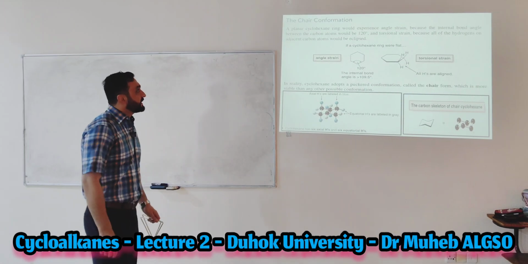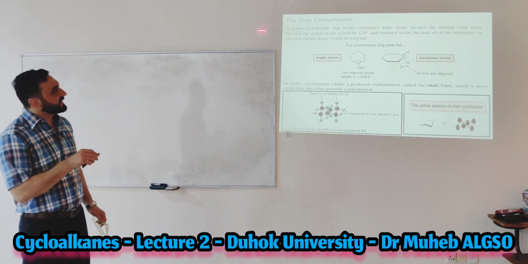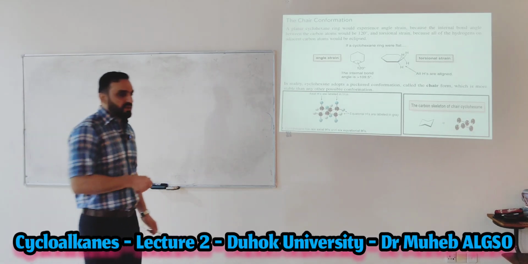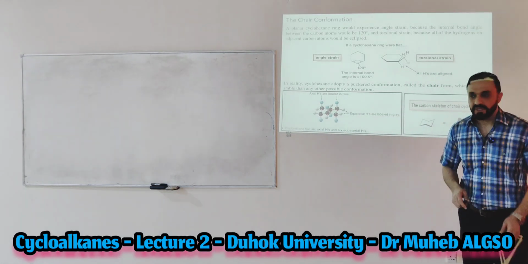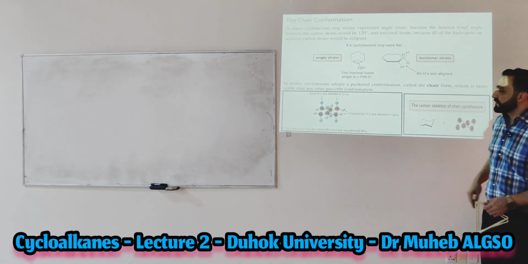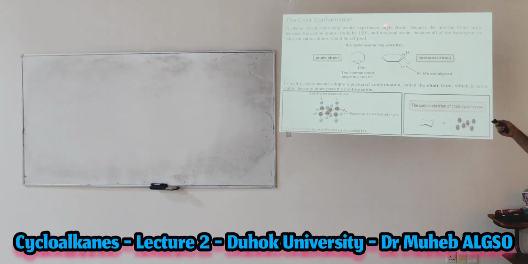So we want to continue our subject, but I will go back again to the chair conformation for the cyclohexane. As we said before, a planar cyclohexane ring experiences angle strain.